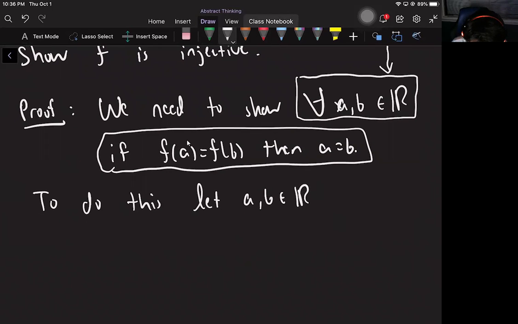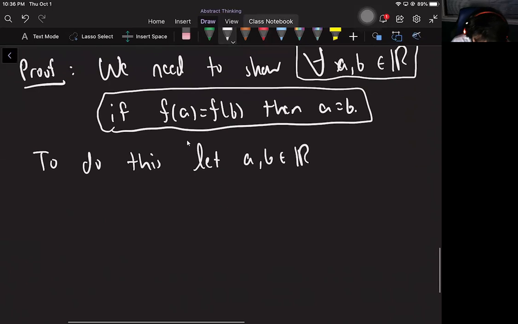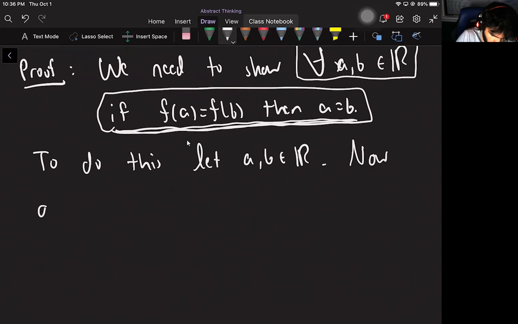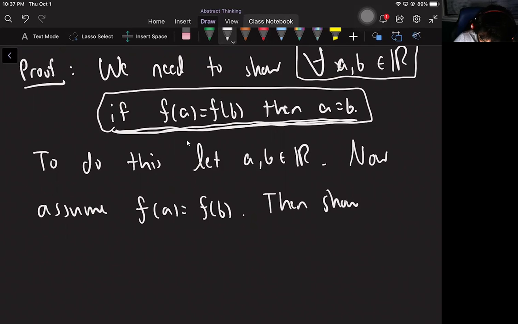Let A, B in R, or whatever your two favorite letters are. Then I'm trying to show an if-then property about these two letters, which means I have to assume the if part. So I'm going to assume f of A equals f of B, and then I'm going to show A equals B.